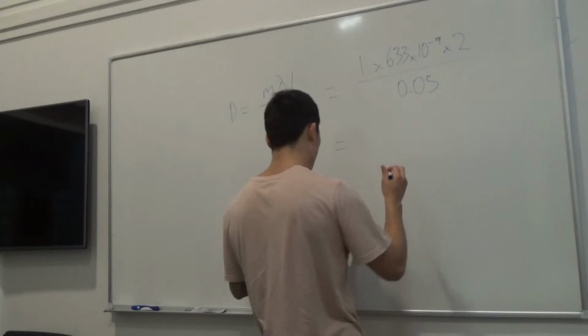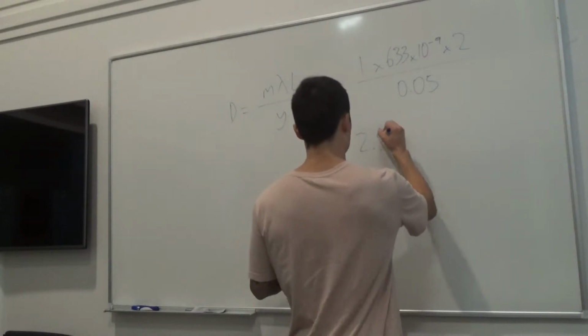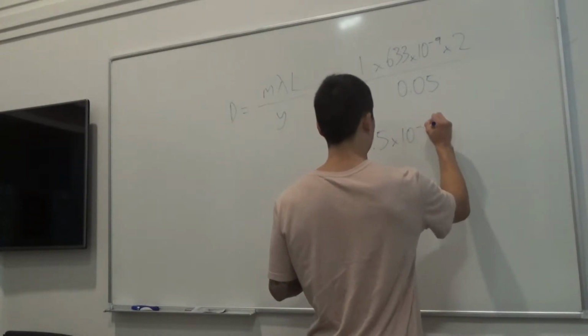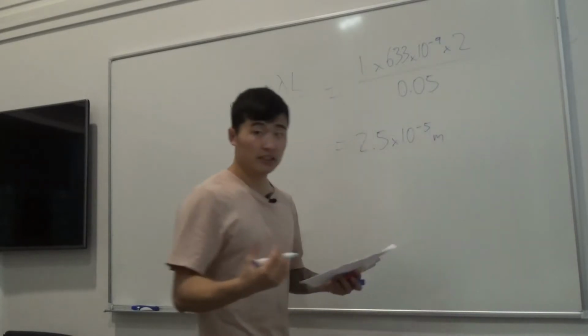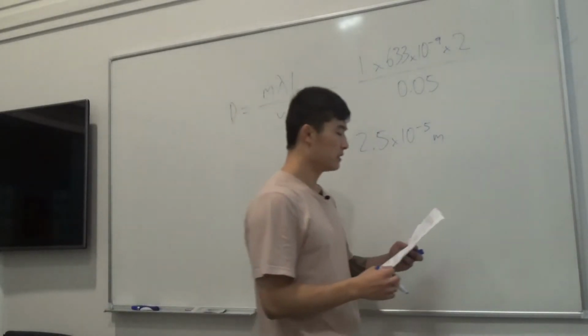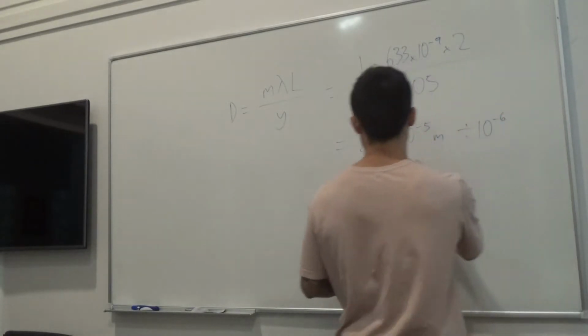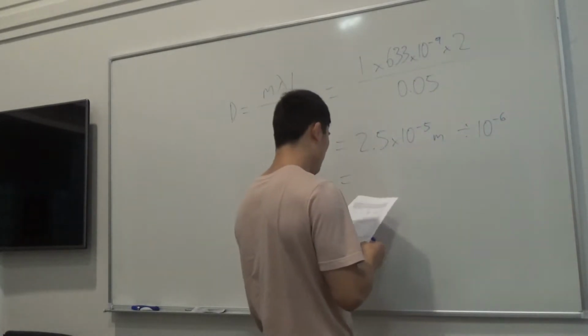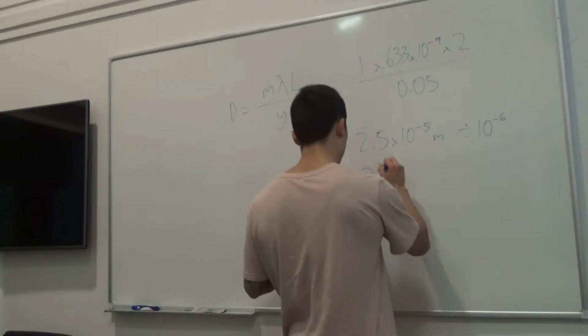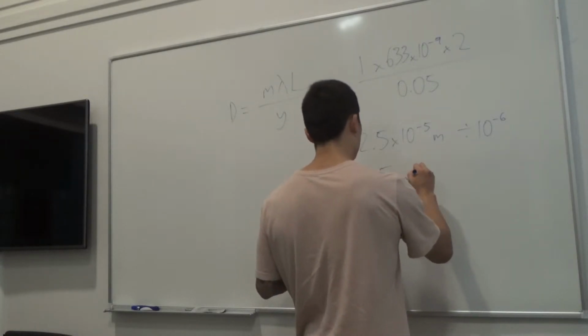That will be 2.5 times 10 to the negative 5 meters. To turn that into micrometers, divide by 10 to the negative 6, and that will be 25 micrometers.